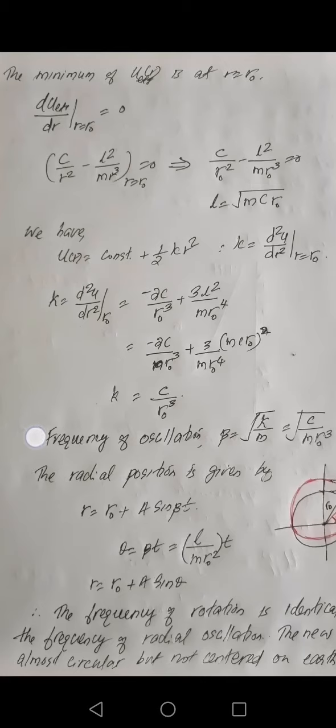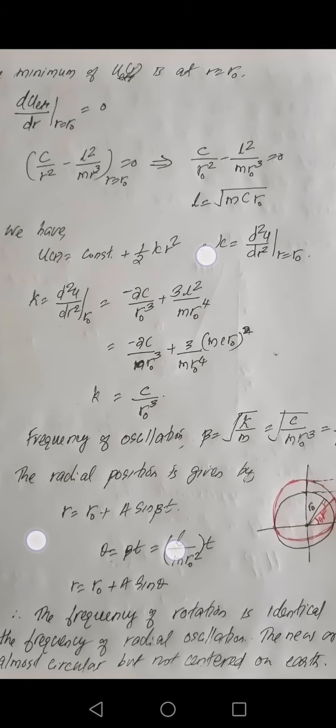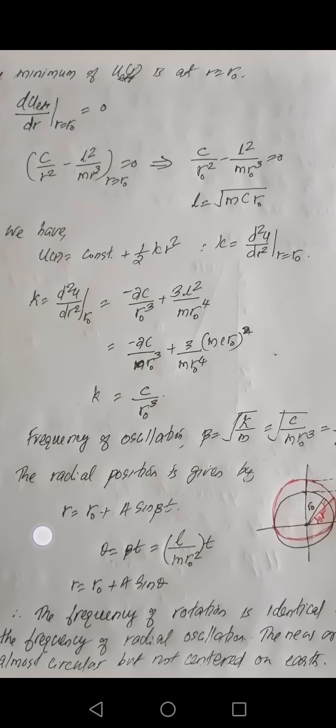Knowing k, we can calculate the frequency of the oscillation. Why the frequency? Since it is a bounded one, there will be oscillation, and the frequency of oscillation is root k by m. I denote it by beta.